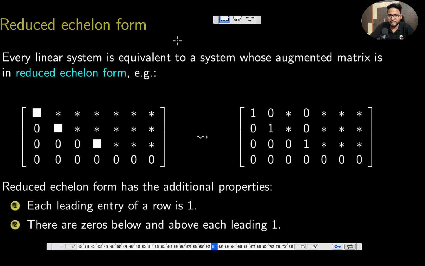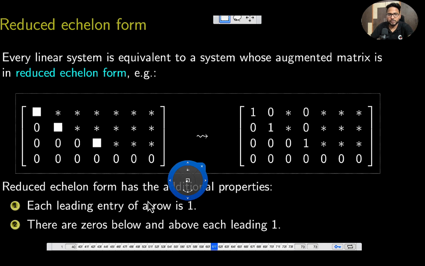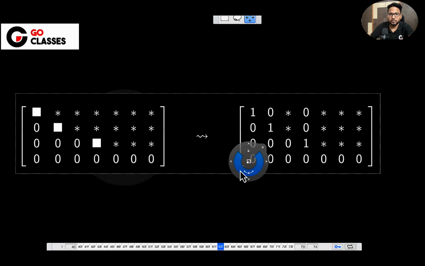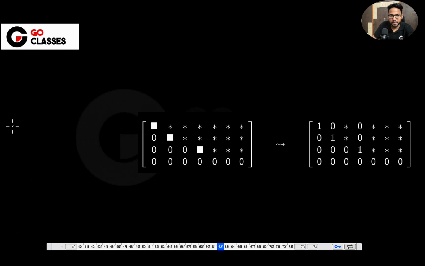So what I mean to say is, let me go to the next page. Suppose you have some matrix. Let's suppose your matrix looks like this.